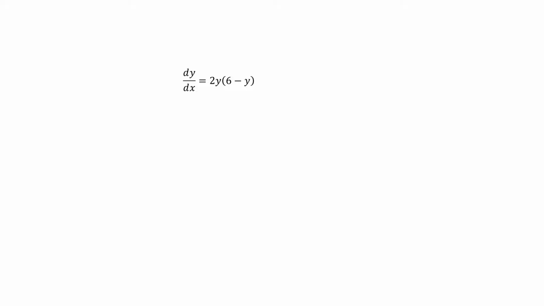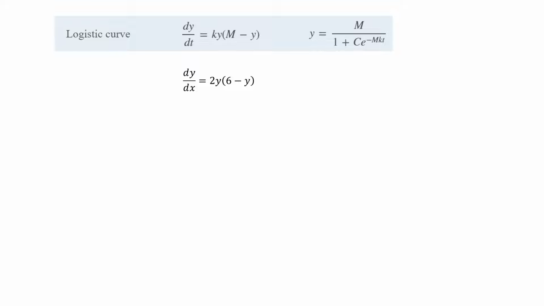Which raises the question then, if we can't separate variables in an effective, meaningful way here, what do we do? Well, at this point, what one should do in the class is simply memorize the logistic curve differential equation here. If you compare our problem to the one above it, you'll see that it's exactly the same format, with k being 2 and m being 6.